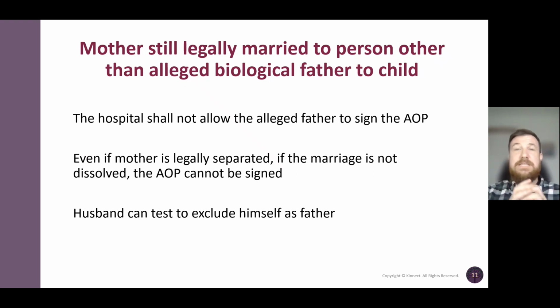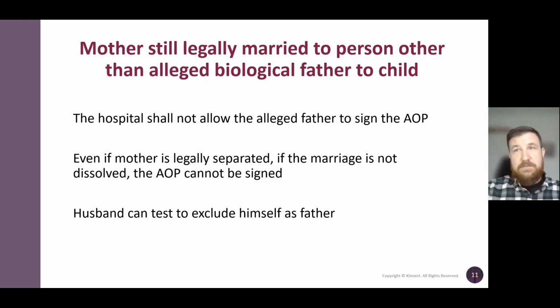What happens then in that case? If a woman's married to another man but believes this man is the father of the child, child support can test. We'll swab the mother, we'll swab the baby, and we'll swab her husband, and he could then be excluded as the father.